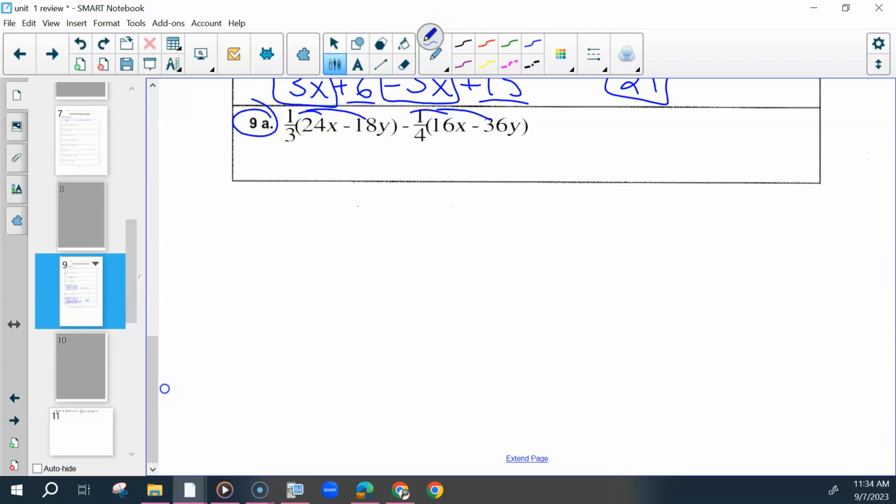What are those new terms? 8x. And 3x, 3y. And then these two. 3x. And 4x. Negative 4x.